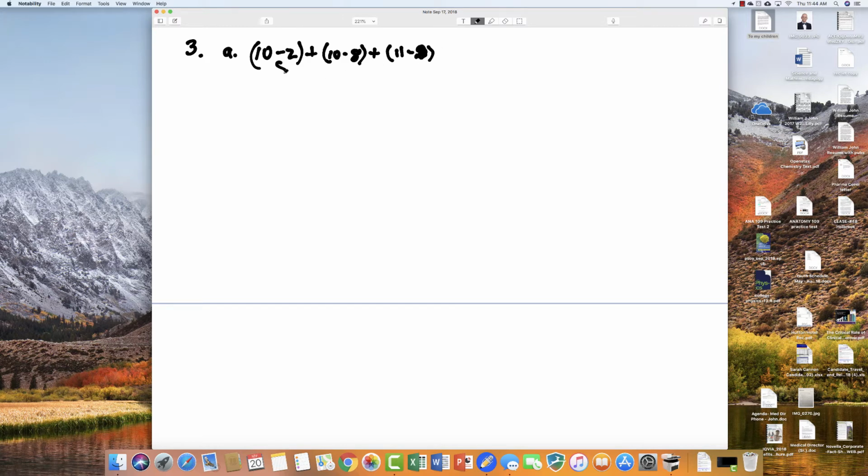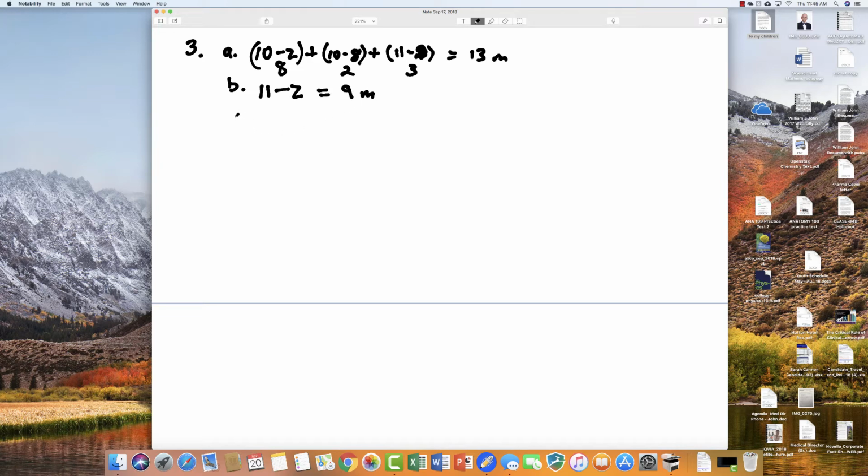And so you have 8 plus 2 plus 3, and that equals 13 units total, or 13 meters. For displacement, you have the same situation, but you end up going from 2 to 11, and so you have a total of 9 meters of displacement.